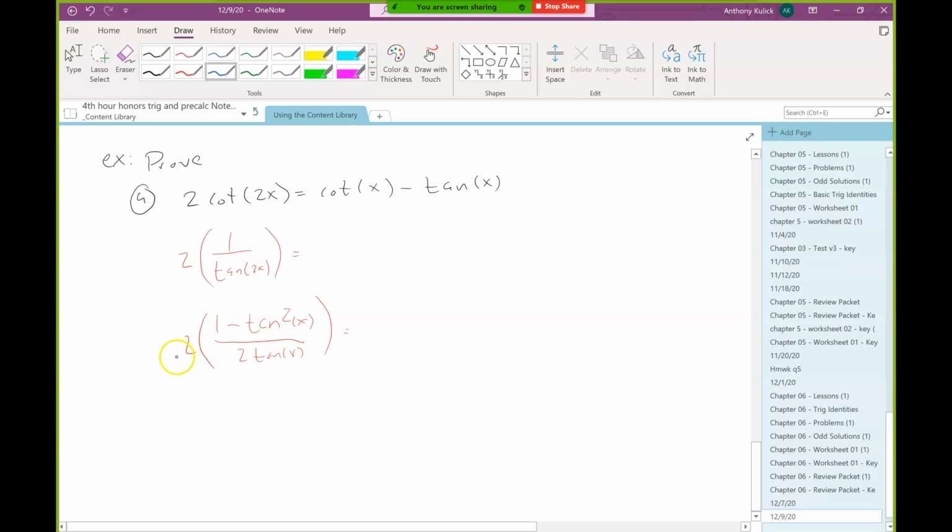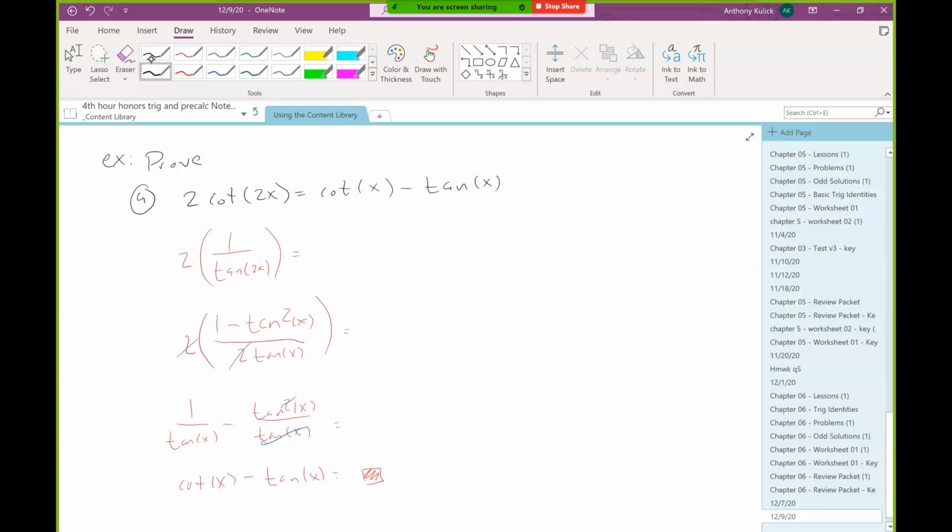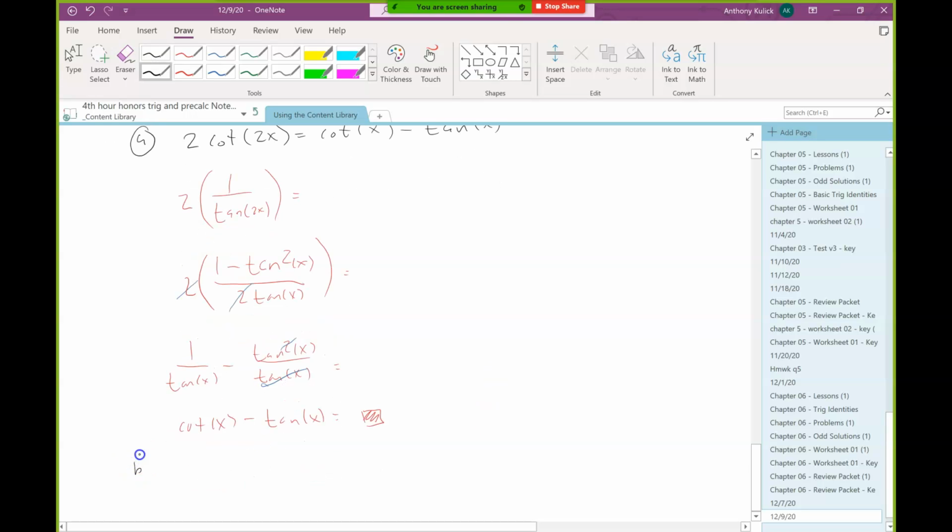But that looks pretty good to me, because I can cancel the 2's. And then if I rewrite this as 2 separate fractions, I have cotangent there, and I can cancel tangents there to minus tangent, and we're done. Well, that wasn't too bad at all, right? Let's do another.